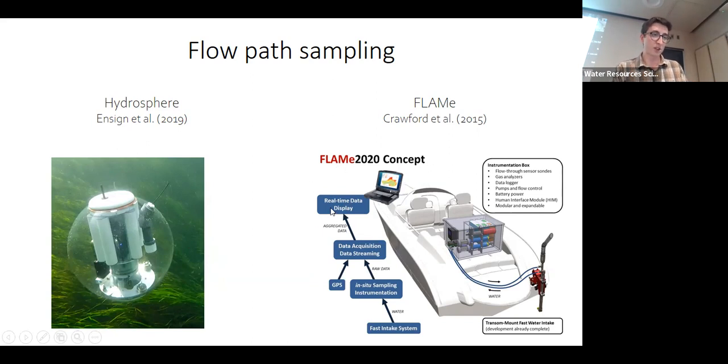So this system's on a speedboat using very similar sensors, but it's collecting data in large lakes, large streams, rivers, and it's this flow path sampling, but it's not passively floating down a water channel. So this is a gradient of temporal variation here. The FLAME could maybe be more of this snapshot measurement approach.